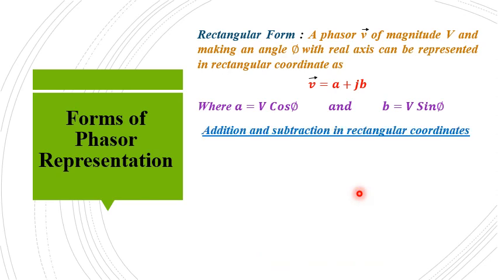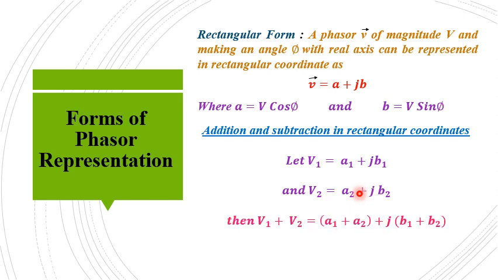So next we can see how we can do the addition and subtraction in rectangular coordinates. Assume that I am having two phasors, V1, which is represented as A1 plus jB1, and the second phasor V2, which can be represented as A2 plus jB2. Then the sum of these two phasors, V1 plus V2, is equal to (A1 plus A2) plus j(B1 plus B2).